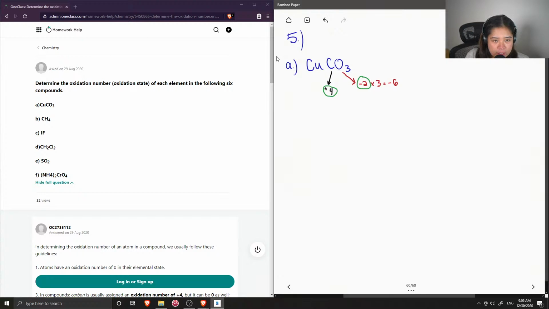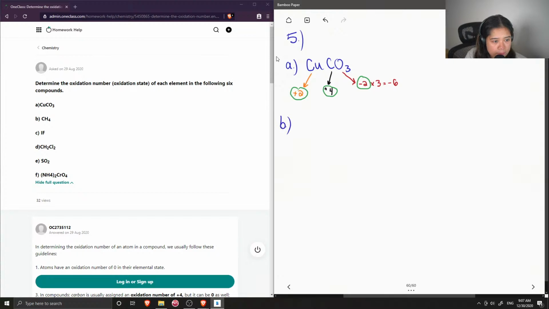So if we add these charges together, we have -2. Since the compound is neutral, we need to neutralize the -2 that the carbon and the oxygens have taken on. So in the case of copper, it would have an oxidation number of +2 just to neutralize all the other oxidation numbers. Okay, so this is the answer for 5A.